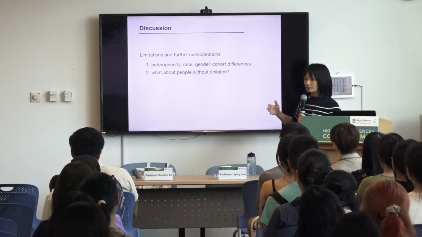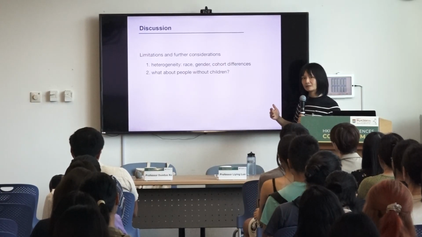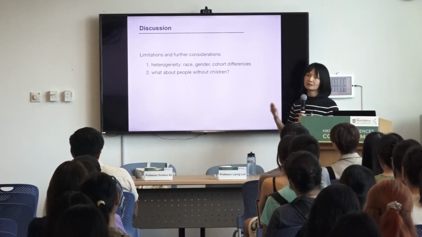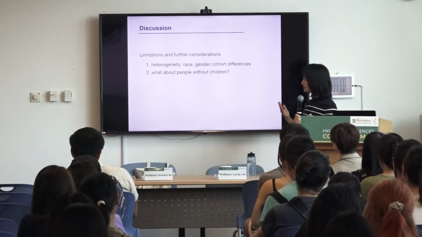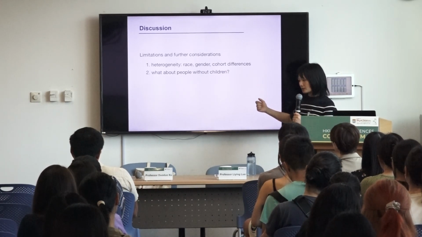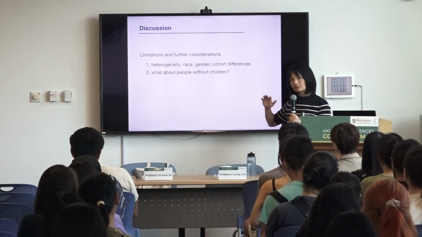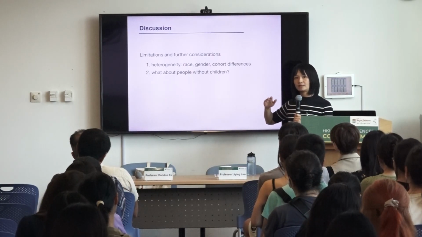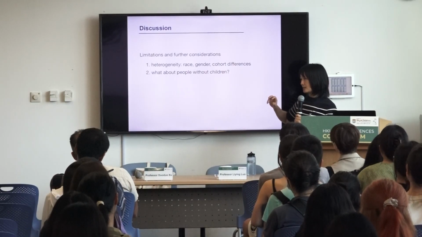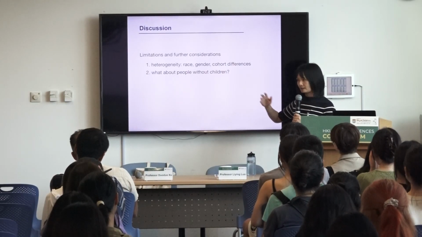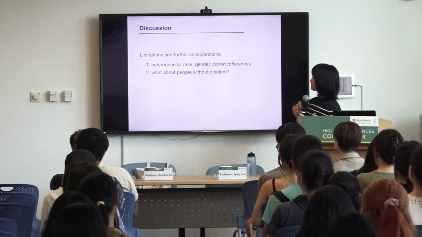We did some rough preliminary subsample analysis. In subsample analysis we have fewer observations, but at least based on the HRS sample, we see that the results are largely consistent across race and ethnicity, and also between men and women, and between the baby boomer cohorts and the later cohorts.